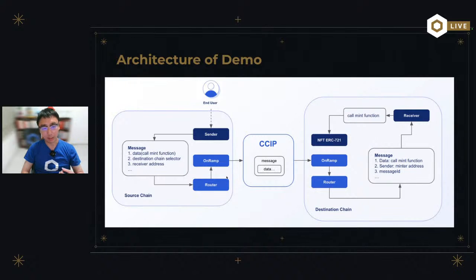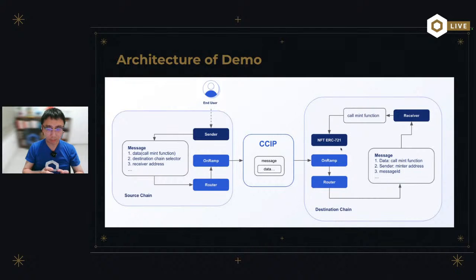The router will help us to route our cross-chain message to the right place in the destination chain we specified in the receiver smart contract we defined in our message. And once the receiver receives our message from the Fuji, it will execute this transaction to call the mint function within the NFT smart contract.